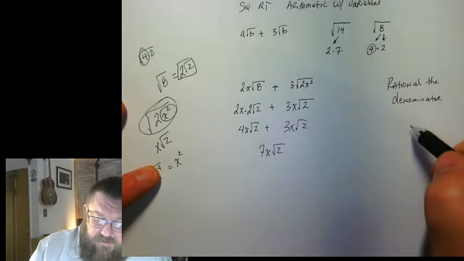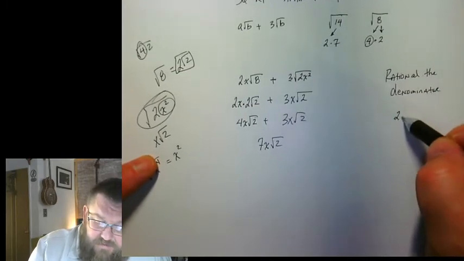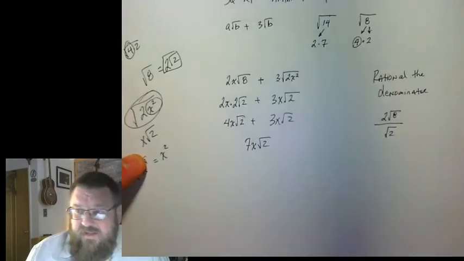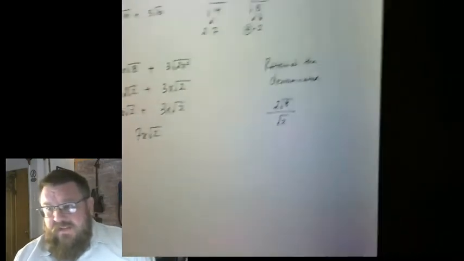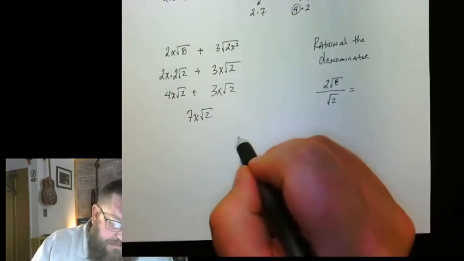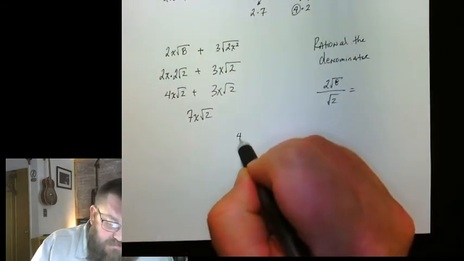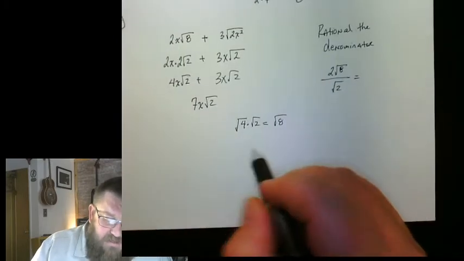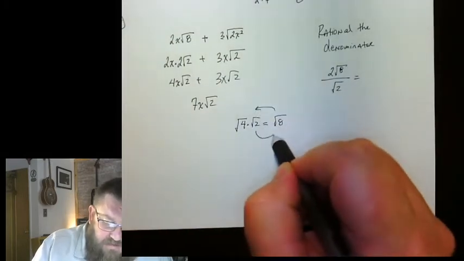Now, let's say we had something like 2 root 8 divided by the square root of 2. Okay, let's talk about this. This one, we actually won't have to rationalize the denominator because, do you remember how if you had, say, the square root of 4 times the square root of 2, that would be the same as the square root of 8? And it goes either way, right?